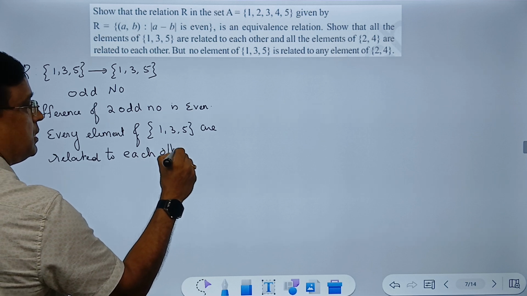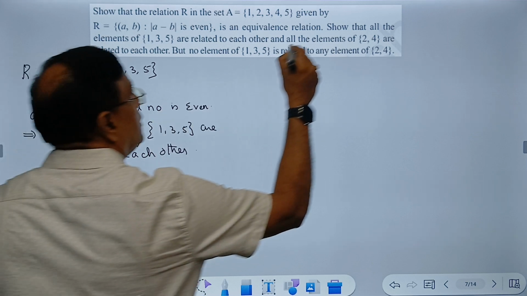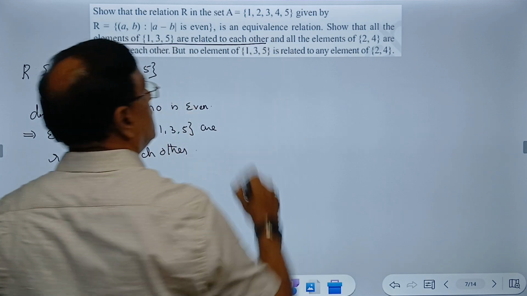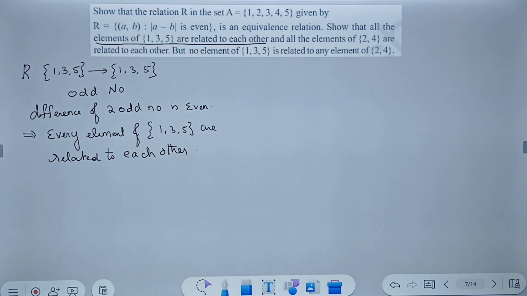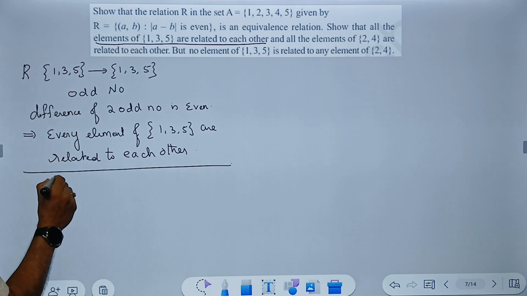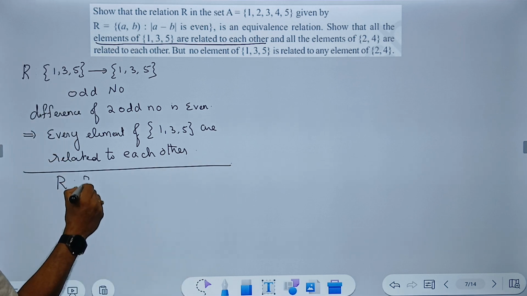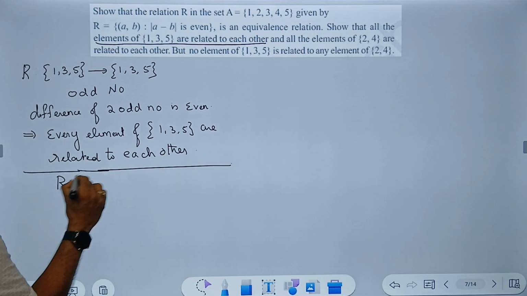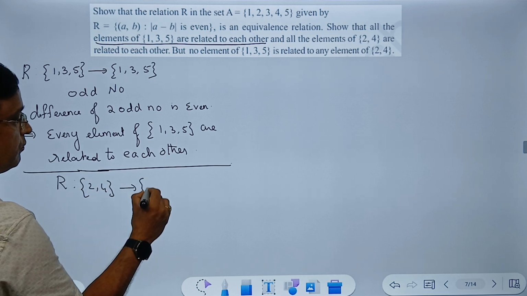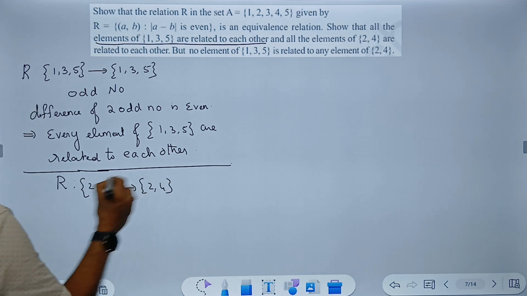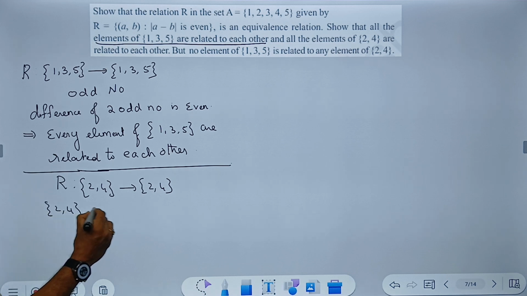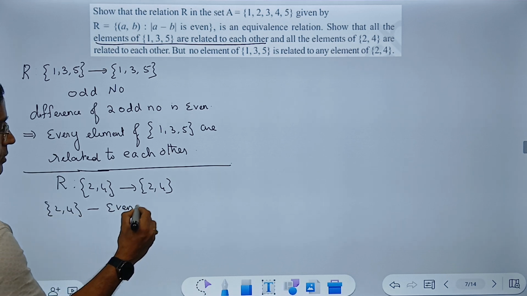This is the second part of the question. That finishes this part. Now, the next part is R is a relation from where to where? It will be a relation from {2, 4} to {2, 4}. Clearly you see 2, 4, the numbers are even numbers.